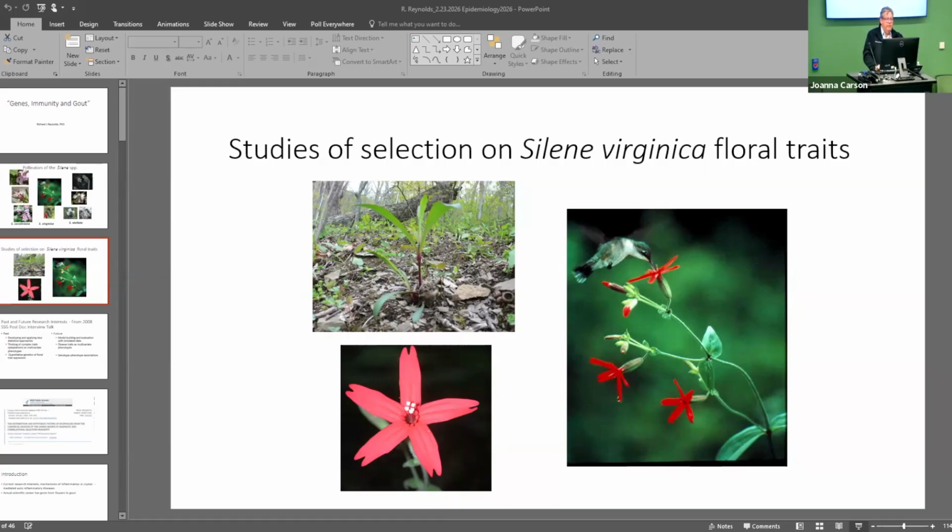One other thing I should mention before I move on: if you want to read more about the genetics of gout, Tony's research group has published and is actively involved in doing genome-wide association studies of gout, and they've done a lot of work in that area, and it's interesting in its own right.